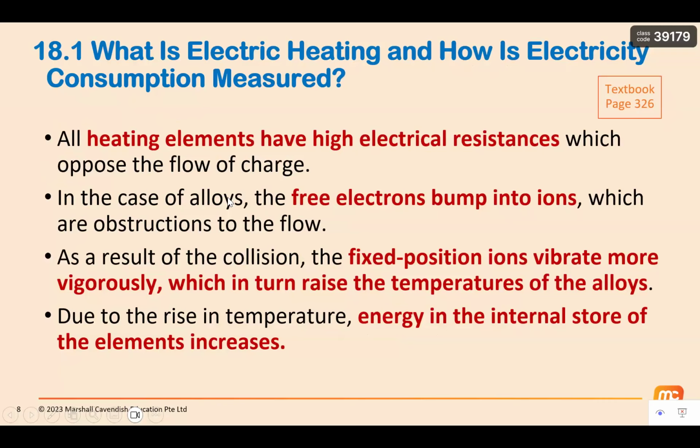So the energy in the internal stores of the element increases, causing the heating element to become very, very hot. Okay, besides having high electrical resistance, usually most of these heating elements have a high melting point, so they will not melt when they reach a high temperature, and they also do not rust at a high temperature.